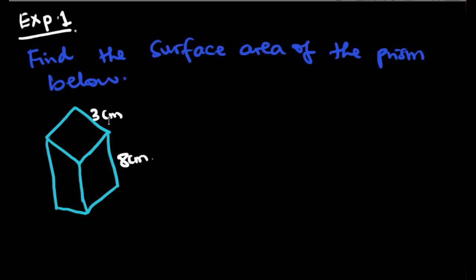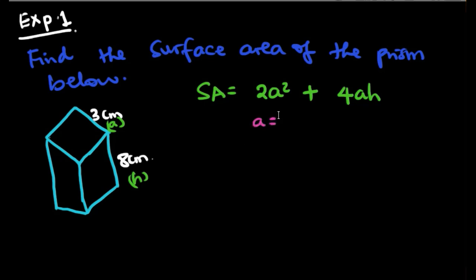Previously we called this A, and we said that this is H. So from the formula, surface area equals 2A squared plus 4AH, we know that A is 3 and H is 8.